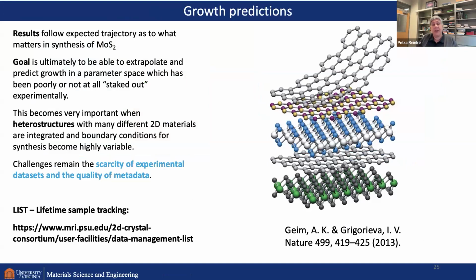What would you learn from this one? You really don't have a lot of data which allow you to go there. We are still very data sparse, and I think the LIST database at the 2DCC, the lifetime sample tracking, which has recorded, I think, sample information for a few years now, is really an important step into that space.